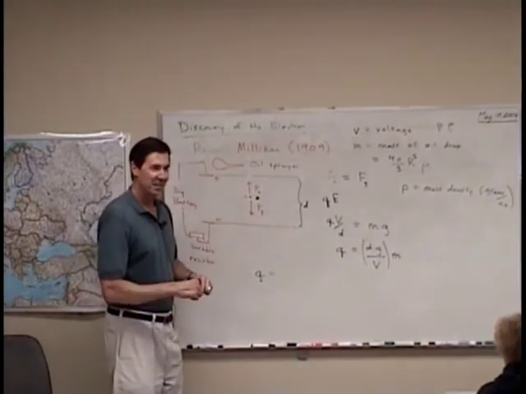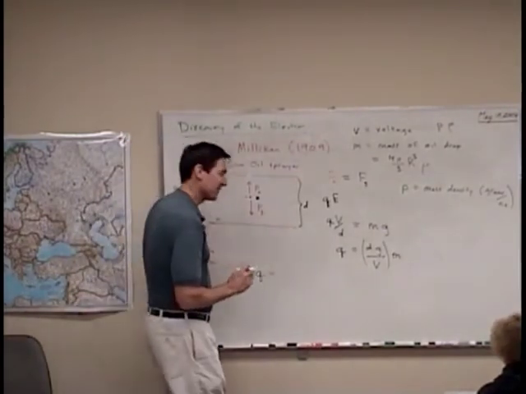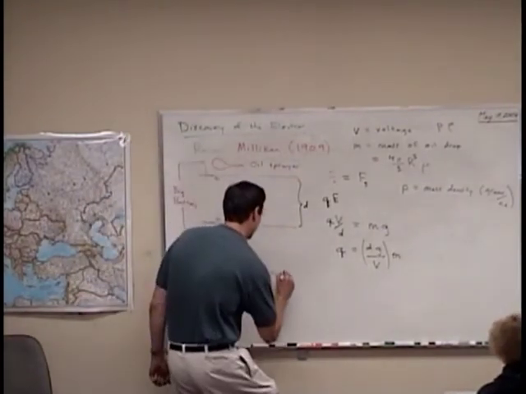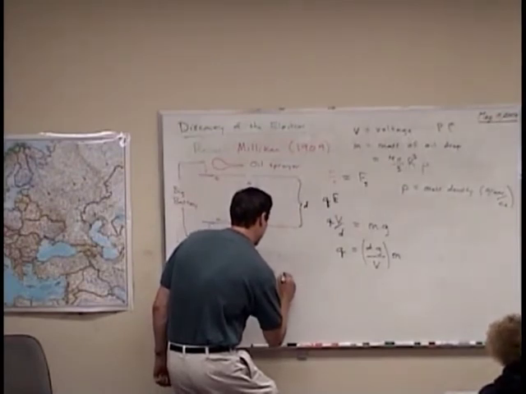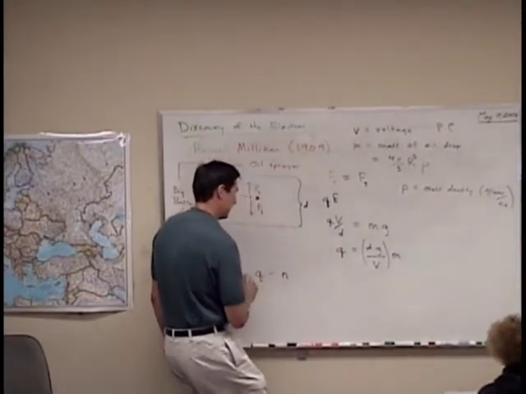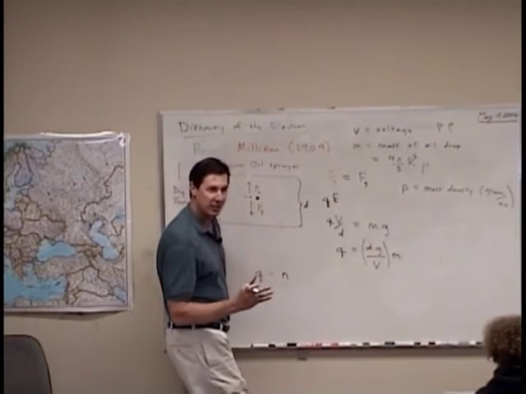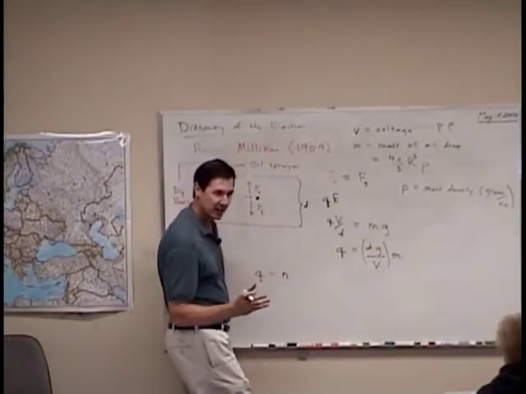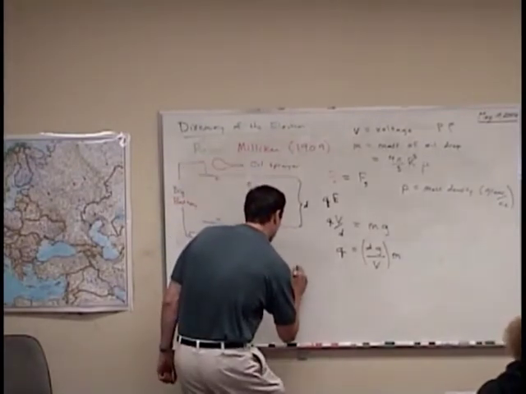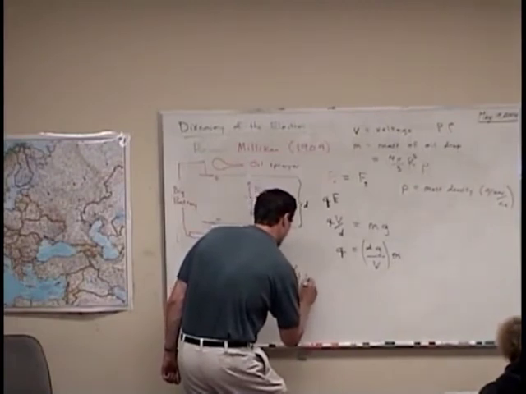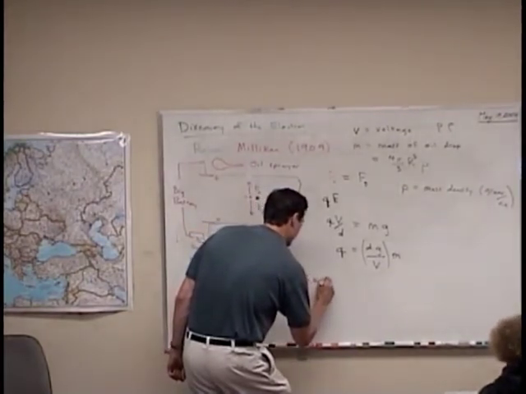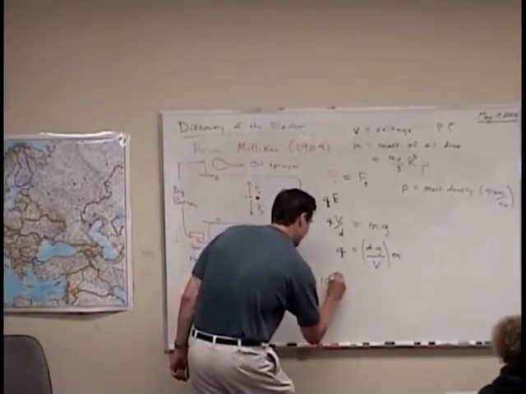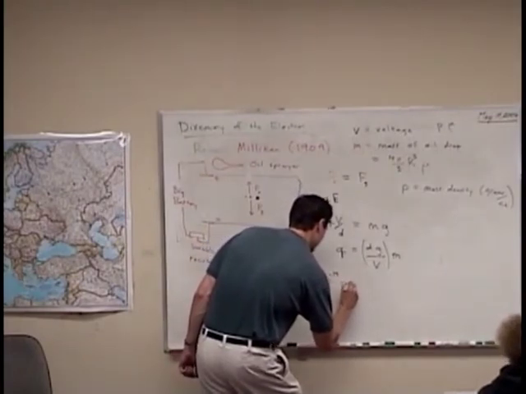But the crucial thing was that what he got was some integer, we're going to call it n, multiplied by 1.6 times 10 to the negative 19th coulombs.